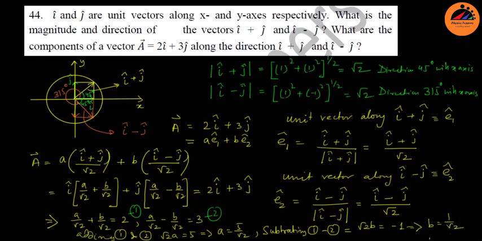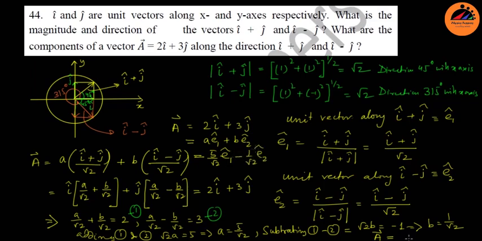So what will be the A vector then? The A vector will be, just plug in the coefficients. See this, plug in these coefficients. a is how much? 5 by root 2 times e1 cap minus 1 by root 2 times e2 cap.